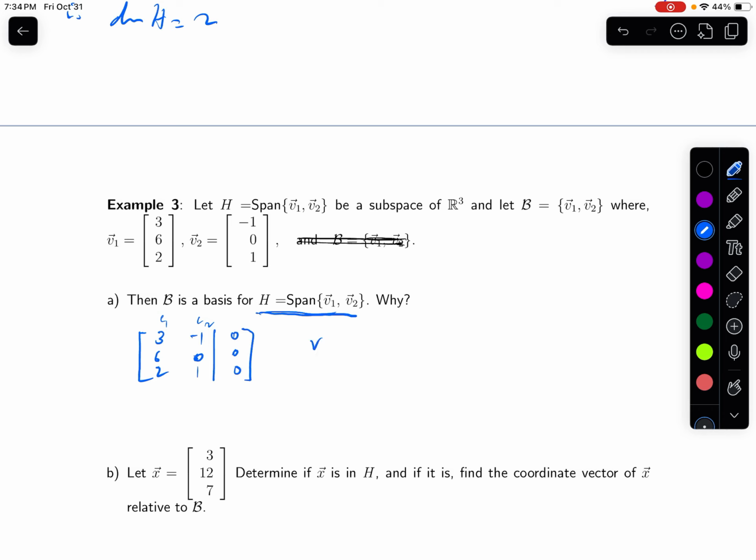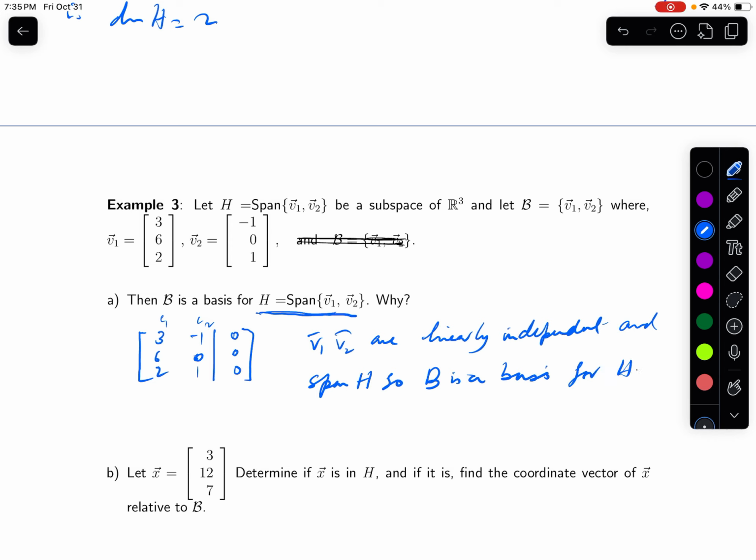So we say v1, v2 are linearly independent, and they span H. So B is a basis for H.